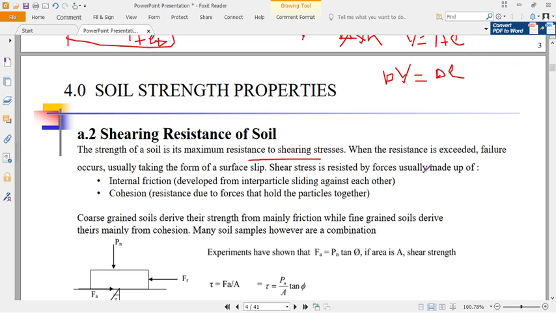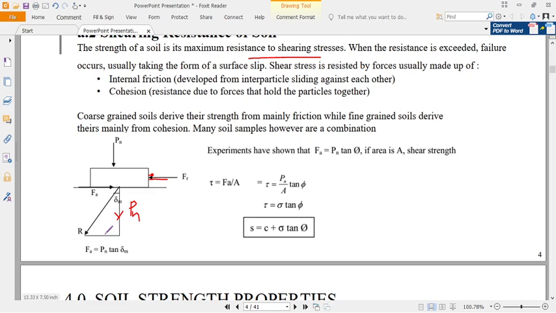When you resolve this, here we have what we call the resultant. Remember, this is the force which is the resultant. When you apply the normal force here, we have Pn. So there will be a resultant for this force here, which is Fa. Is that okay?